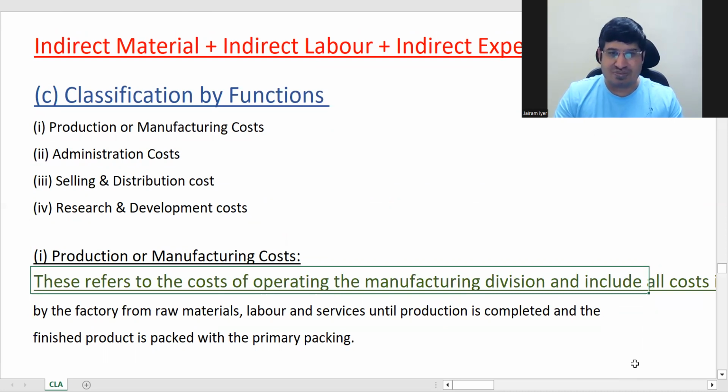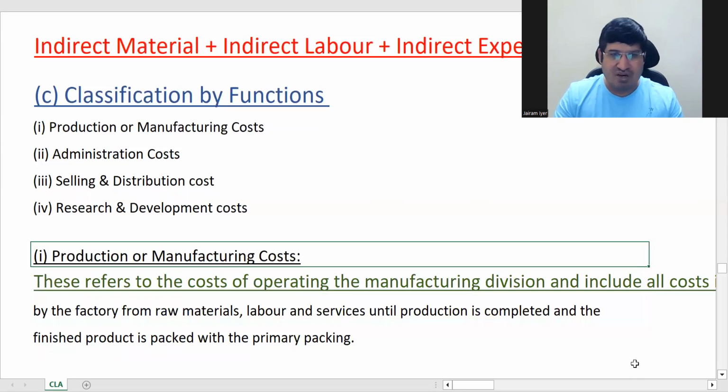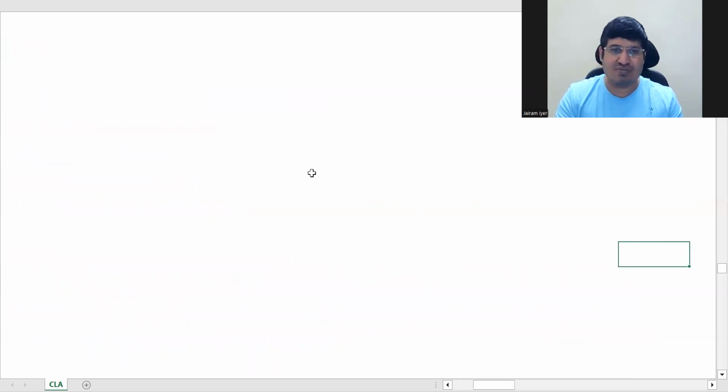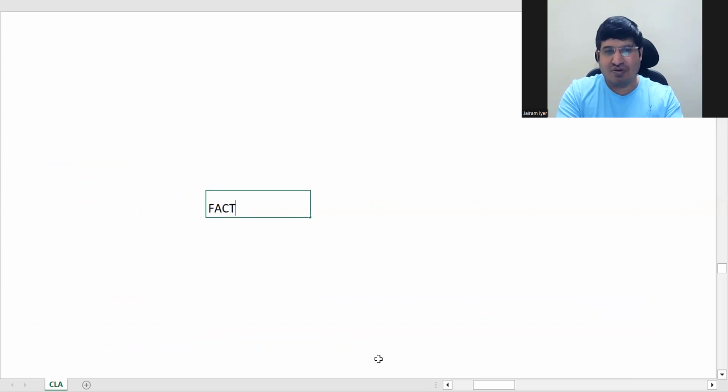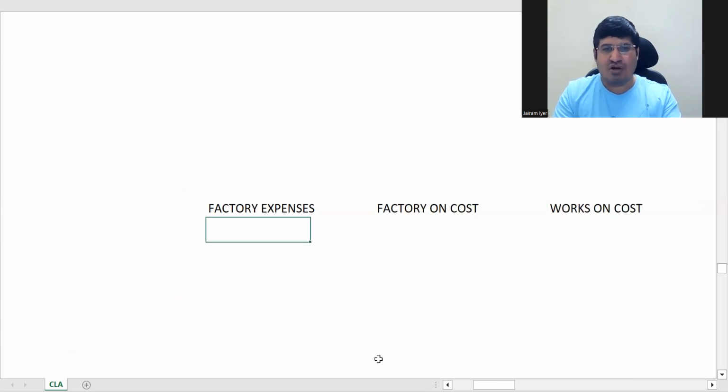So basically, when you talk about manufacturing cost, we are talking about factory cost. So here in the cost sheet, if you want to talk about only factory expenses, it's called factory expenses, factory on cost, works on cost, or factory overhead.